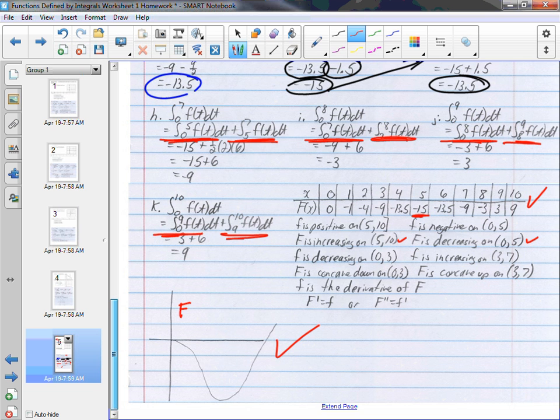We plotted the points, x, capital F of x. We're graphing capital F. Look, capital F is concave down. Concave down means the derivative is decreasing. So when that function is concave down from 0 to 3, little f, the derivative, is decreasing.